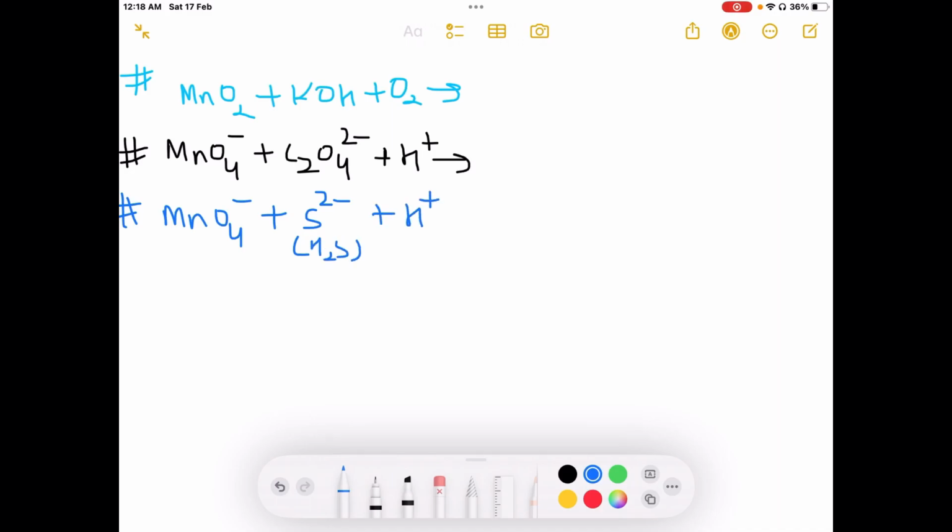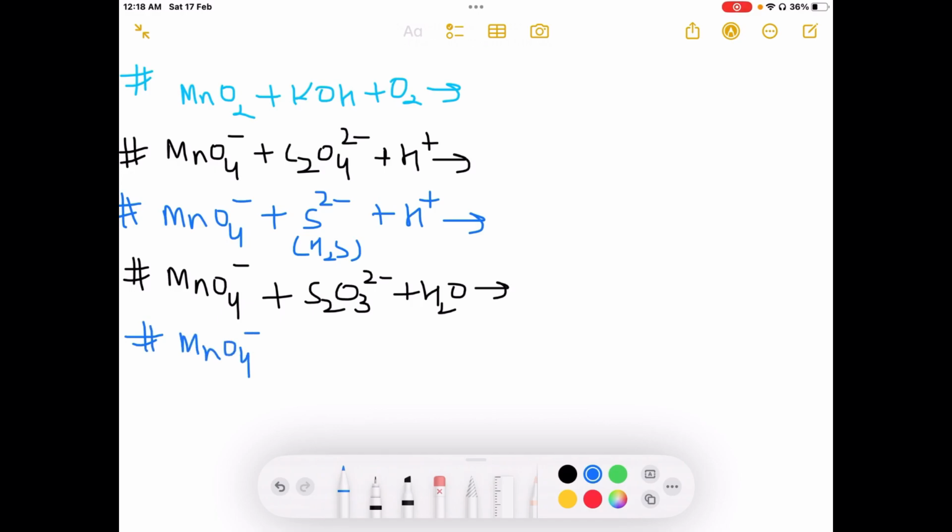In acidic medium, MnO4 minus with thiosulfate, in weakly alkaline or neutral medium.